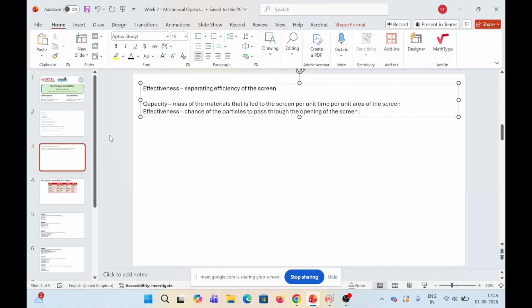This effectiveness basically depends upon how well the screen separates all the particles of the desired size and how few particles of sizes other than the desired size remain present in the screen. I hope you are able to understand. Effectiveness basically depends on two factors: one is recovery and the other is rejection.